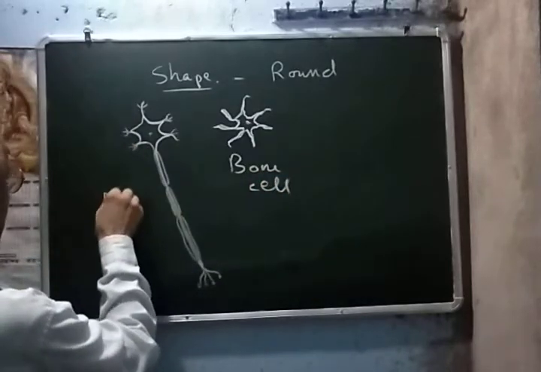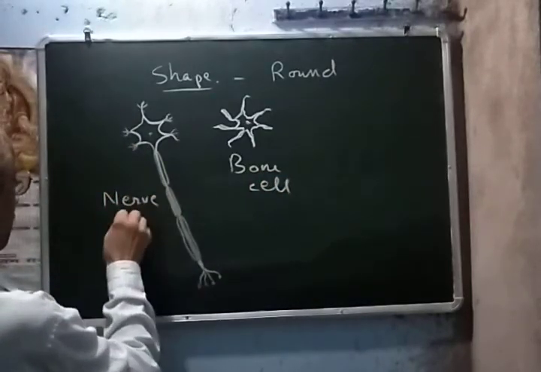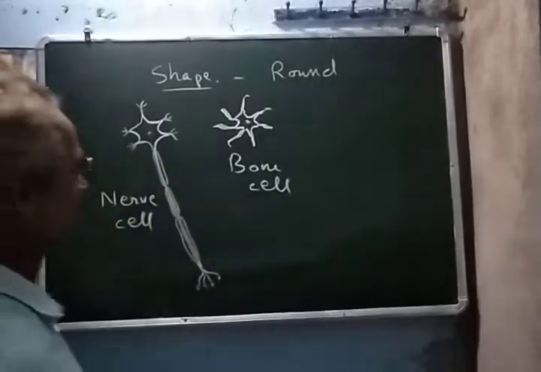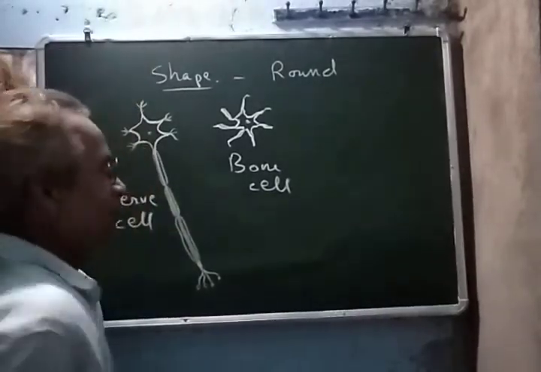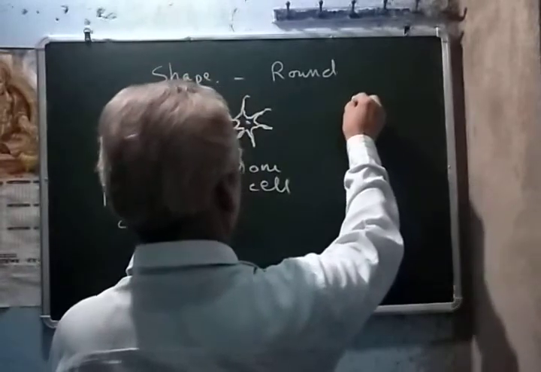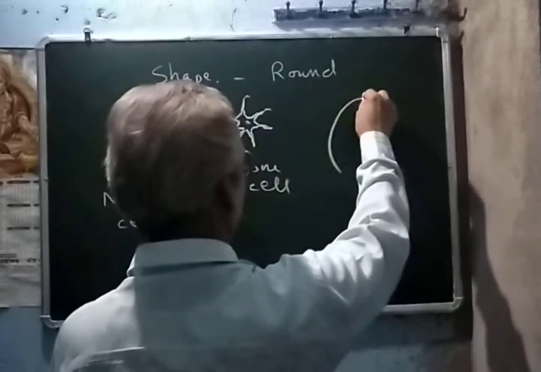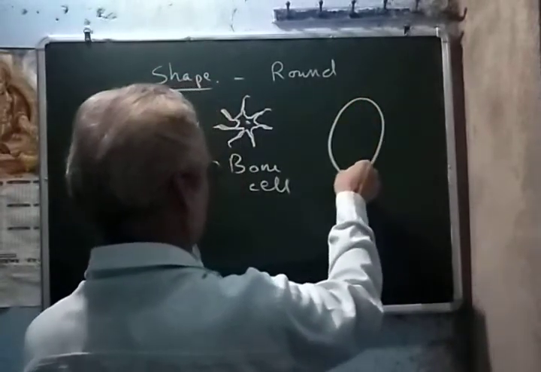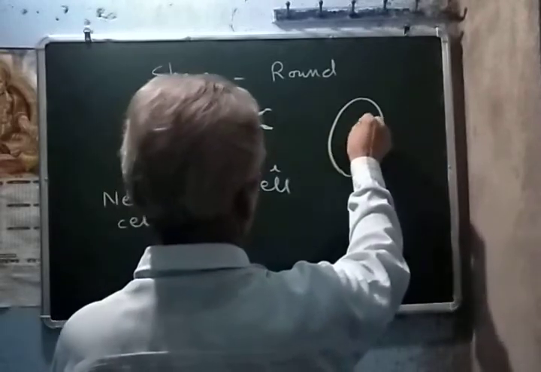This is a nerve cell. And some cells are of oval shape. Egg cell.